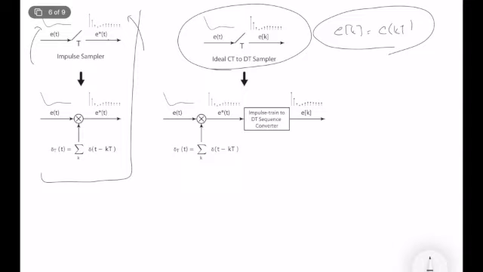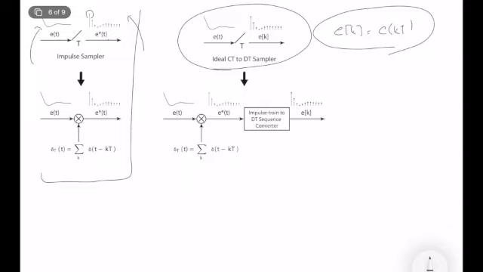That's the most important thing. In the impulse sampler, I don't change my domain. Instead of using e(t), I model e(t), or I divide e(t), into a set of impulse functions. As you can see, these are impulse functions because they are arrows.